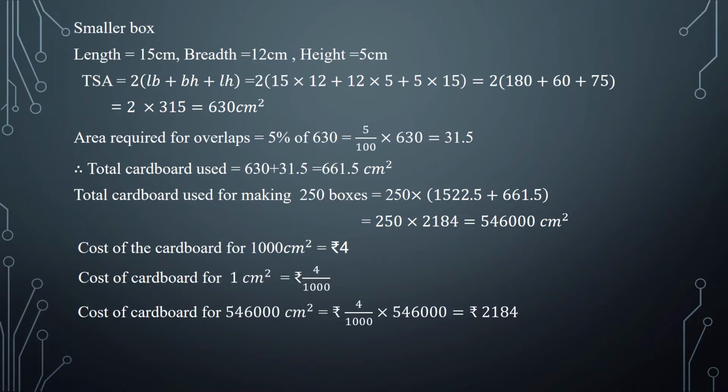In the same way, let us find the total surface area of the smaller box, where length is equal to 15 cm, breadth is equal to 12 cm and height is equal to 5 cm. Therefore, total surface area of a smaller box, which is 2 into LB plus BH plus LH, is 630 centimeter square.